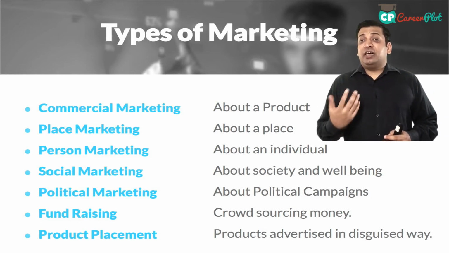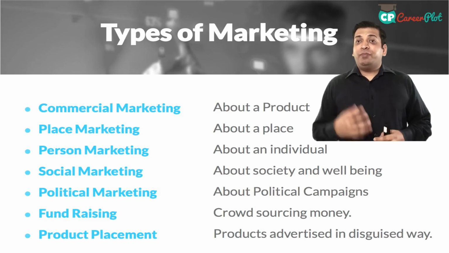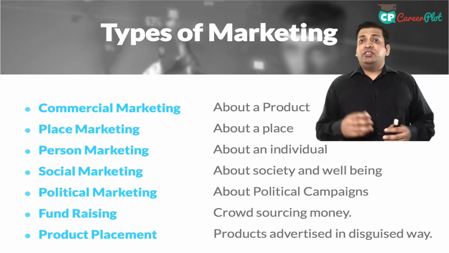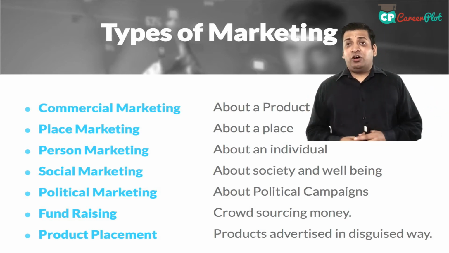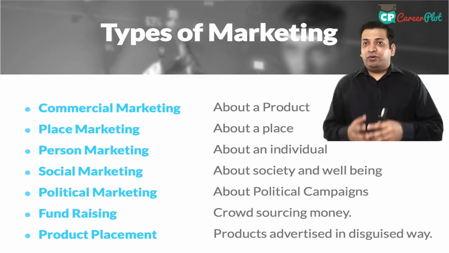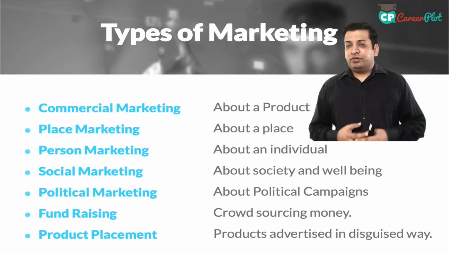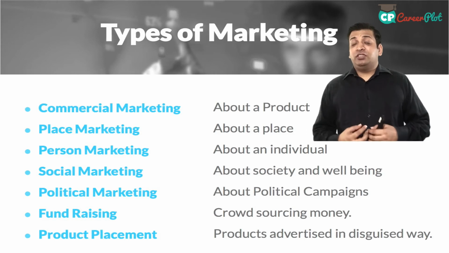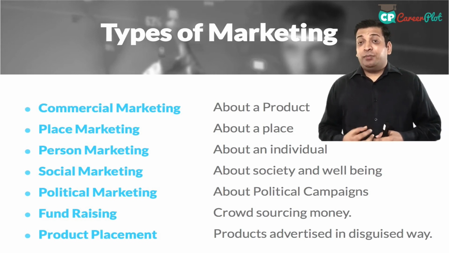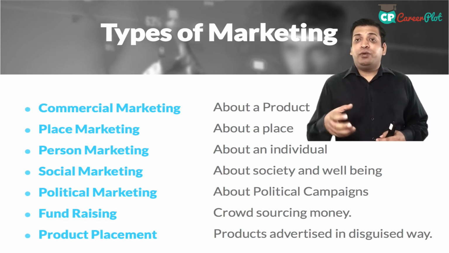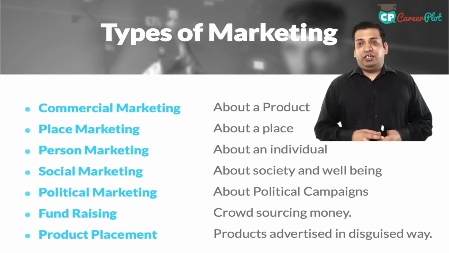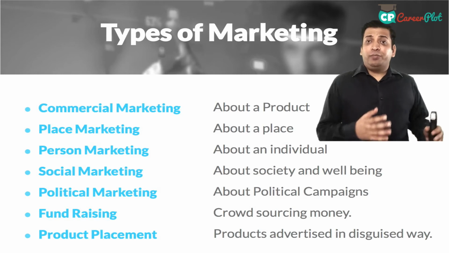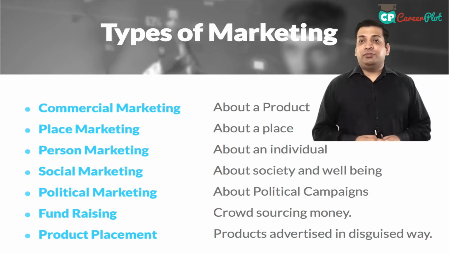It's a disguised manner of marketing where people will notice the bottle, but it will not be talked about, right? So you will see a lot of hoardings in cricket matches or football matches where the boundaries are covered with a lot of hoardings, right? Those are direct ads. Now you'll see a lot of things which are on the t-shirts, right? Those are direct ads, but you'll see a lot of players holding one particular bottle of drink or one particular brand or coming in one particular car to the stadium.